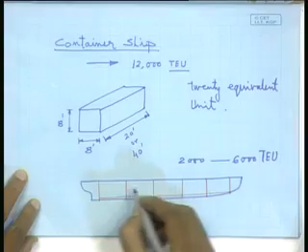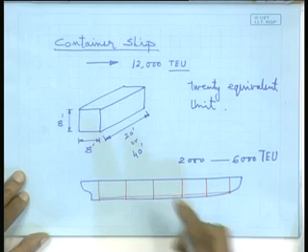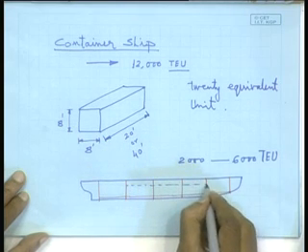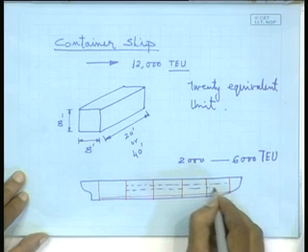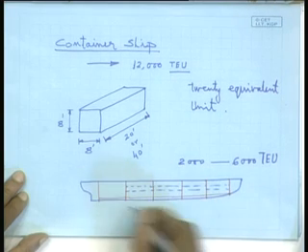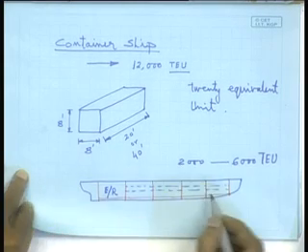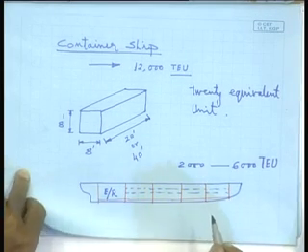Suppose this is a double walled vessel, then these platforms will continue like this, and in between you have the longitudinals. This is my engine room. So, they are also strength providing members, right.